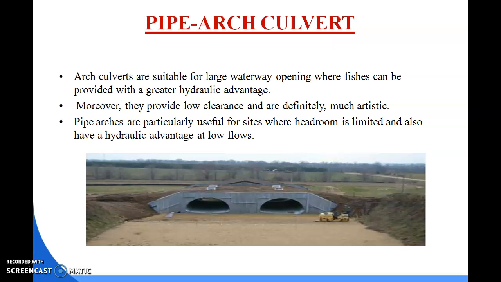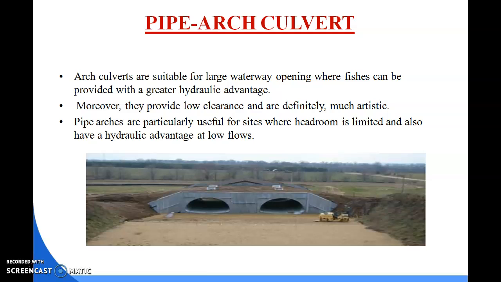Next come to the pipe arch culvert. Arch culverts are suitable for large waterway openings where fish passage can be provided, with greater hydraulic advantages, and moreover they provide low clearance and are definitely much more artistic.